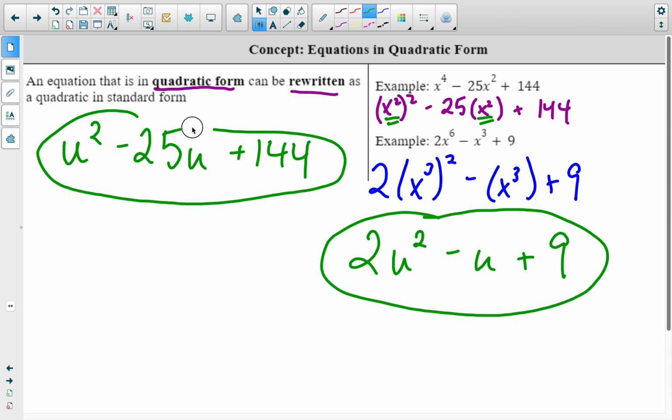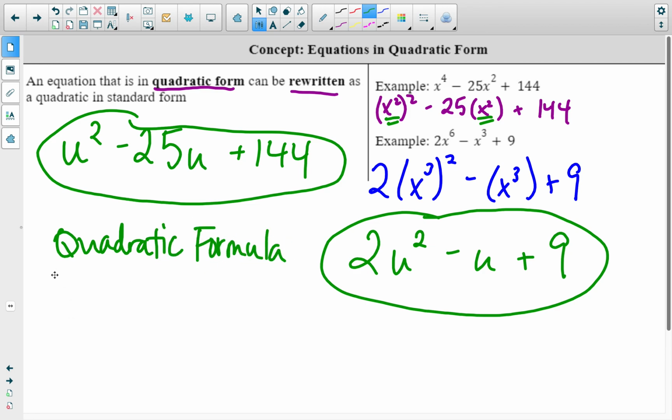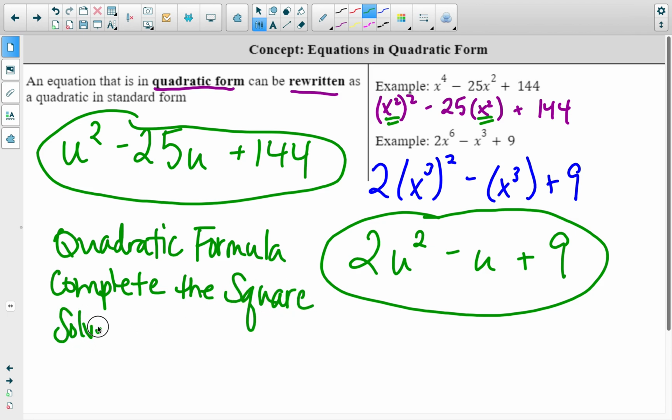We could use the quadratic formula, we could use completing the square, or we could solve by factoring. The only difference is that at the end we're going to need to make an extra substitution.